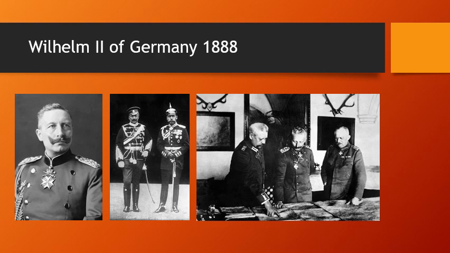His rise was a little unprecedented because it is known as the year of three emperors. His grandfather and his father both passed away within a very short span, and he was somehow ill prepared, very ambitious.